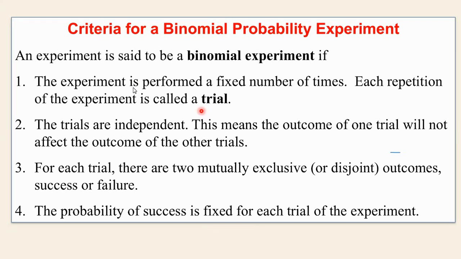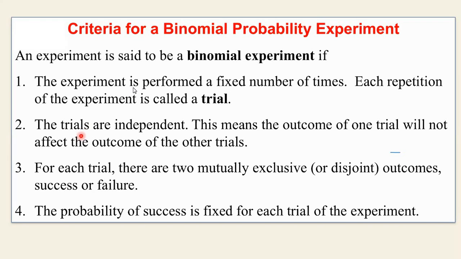So if the same experiment is repeated several times, each and every repetition is called a trial. So the first thing is that the experiment is performed a fixed number of times, or a fixed number of trials.